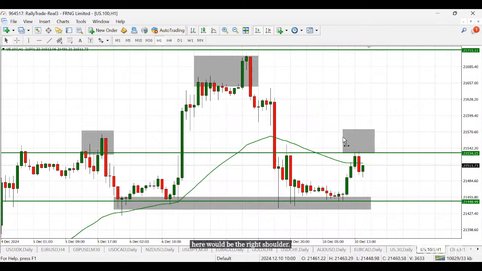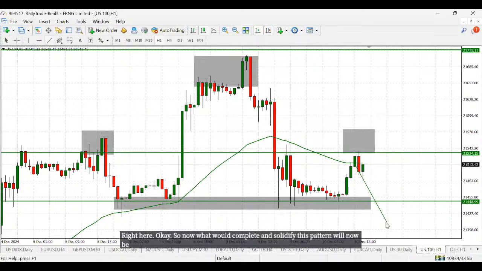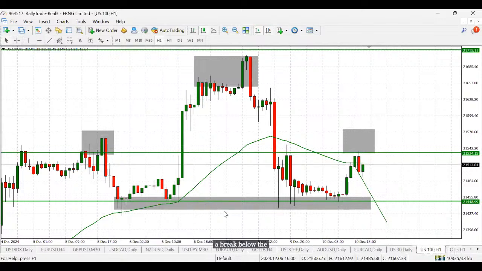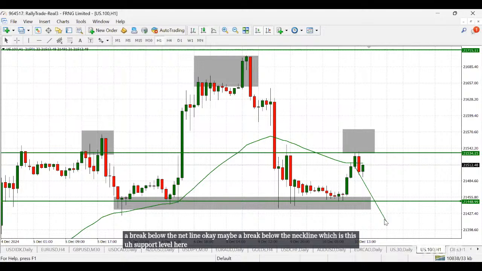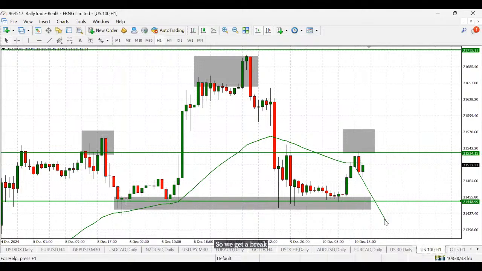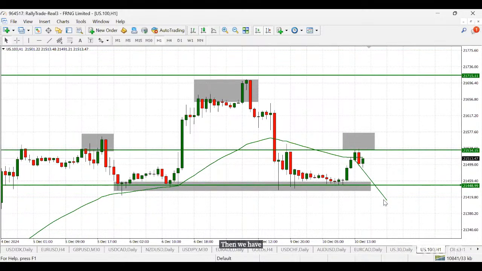What would complete and solidify this pattern would be a break below the neckline, which is this support level here. If you get a break below that support level, then we have confirmation that it is going to push further to the downside.